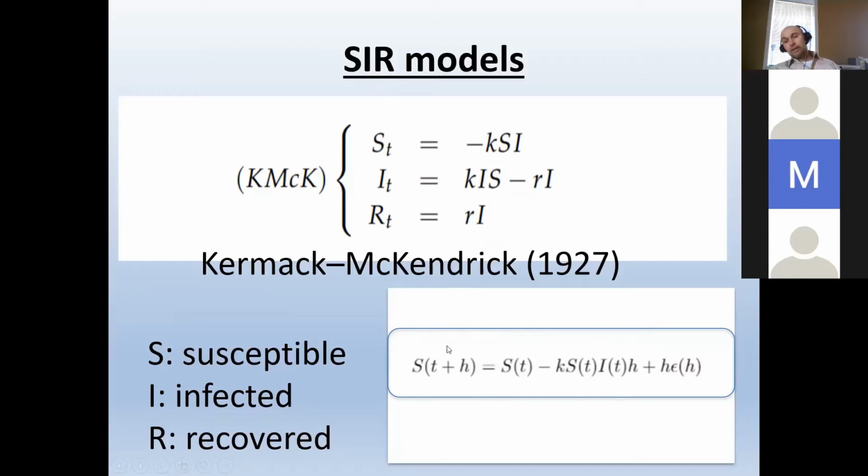Yeah, you can write that S at time t plus h equals S of t minus the number of people who are in S times the number of people who are in I times a coefficient k. And of course, you have the time, because time is important.